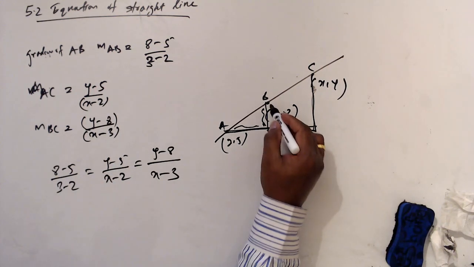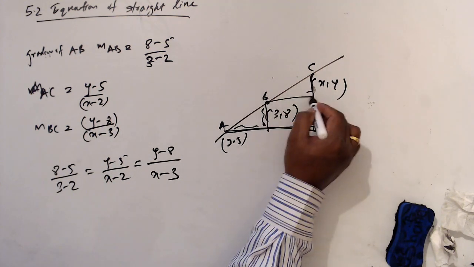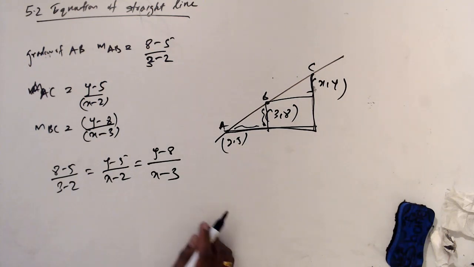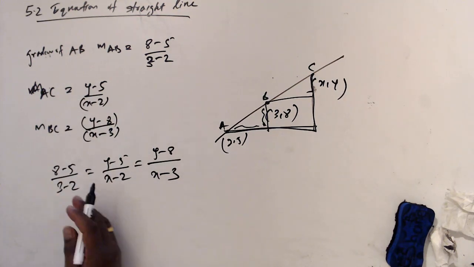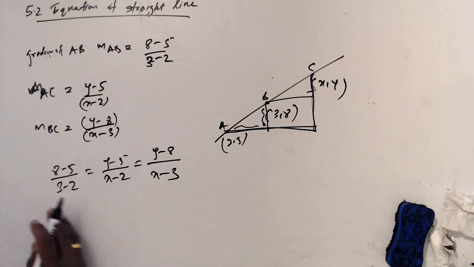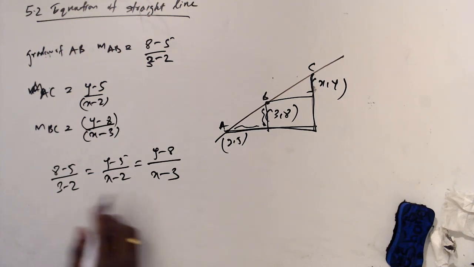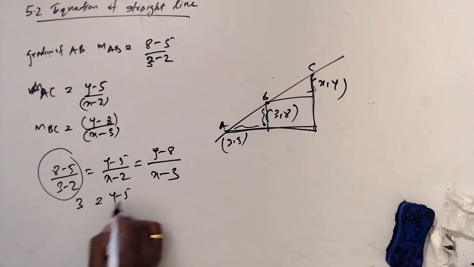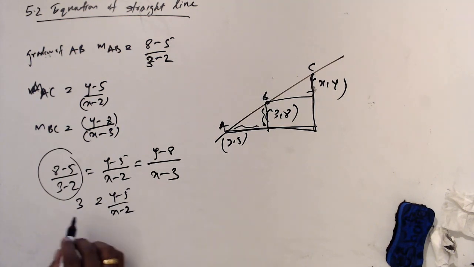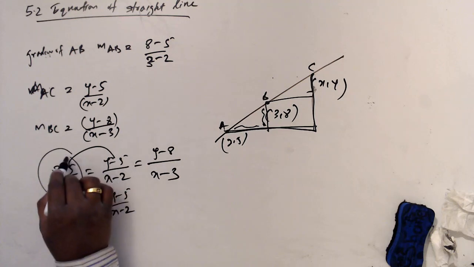Then BC: the small triangle. You don't need to write the gradient in three ways. Two ways is enough. This is the maximum you can do. So we know this is going to be 3, and then y minus 5 over x minus 2 with 3, either this one or this one.